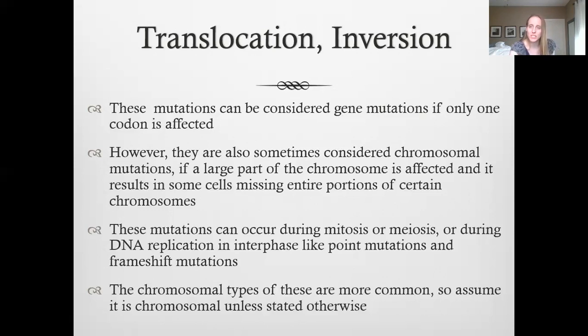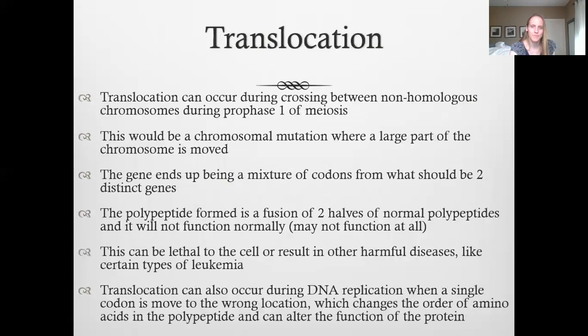These types of mutations are more commonly chromosomal as opposed to gene. So if you're not told which one it is, assume it's chromosomal. So again, translocation happens usually during prophase 1 of meiosis, when the non-homologous chromosomes are crossing over.